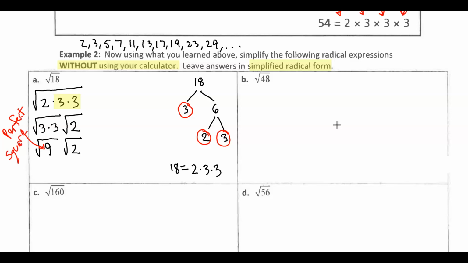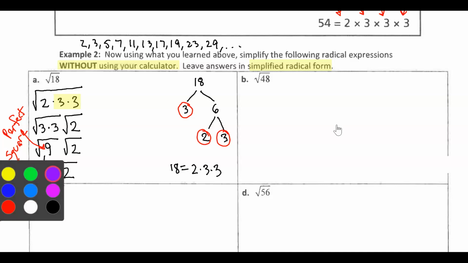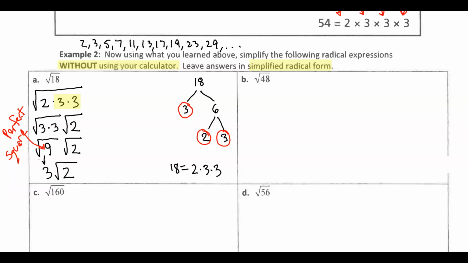Okay, and I know that the square root of 9 is 3, and then the square root of 2 doesn't change, so then we're left with the square root of 2. So our final answer then becomes 3 square root 2. So if you do have a calculator and you want to plug in square root of 18 and see what you get, and then plug in 3 square root of 2 and see what you get, you'll notice that you get the same number.